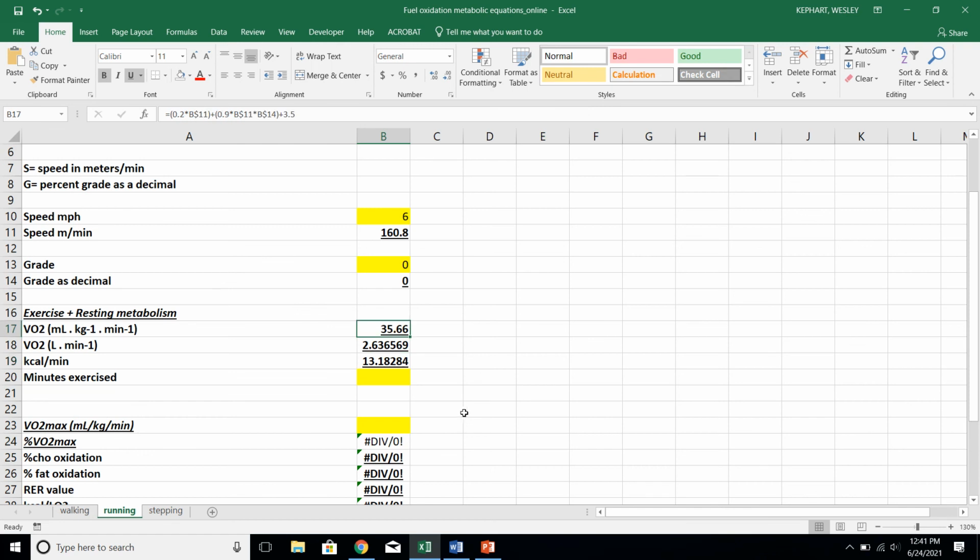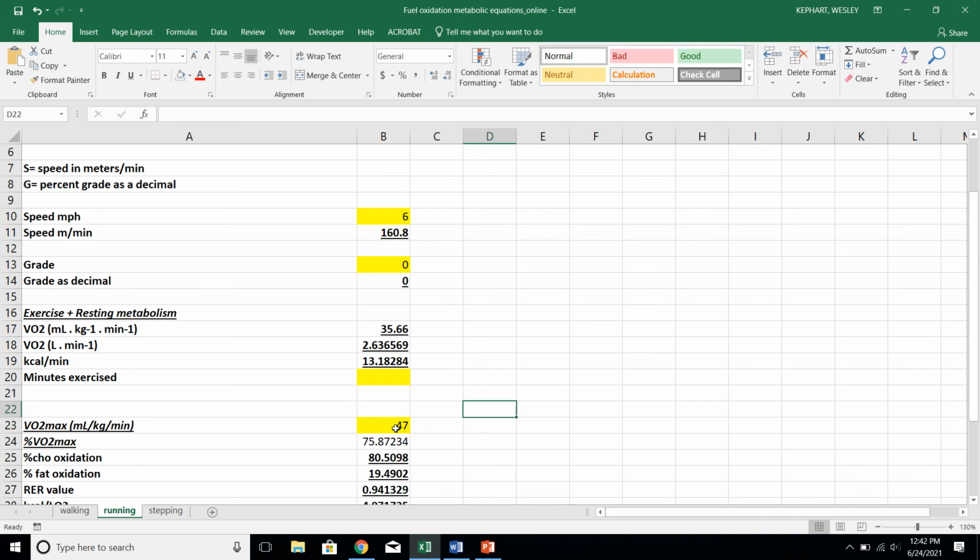So there, 35. Here you would need to take your value from one of the previous labs, the VO2 max lab, and put this in. Let's say that your VO2 max is around, I don't know, let's do some weird number, 47. Why not?